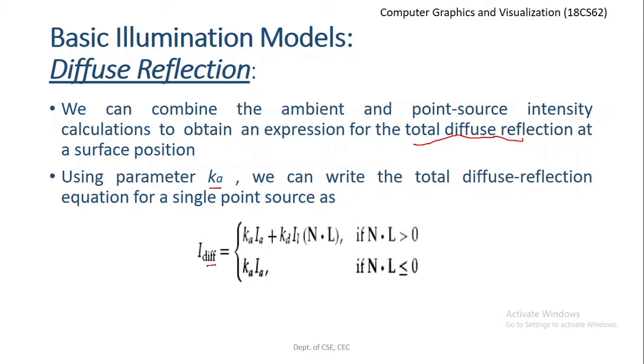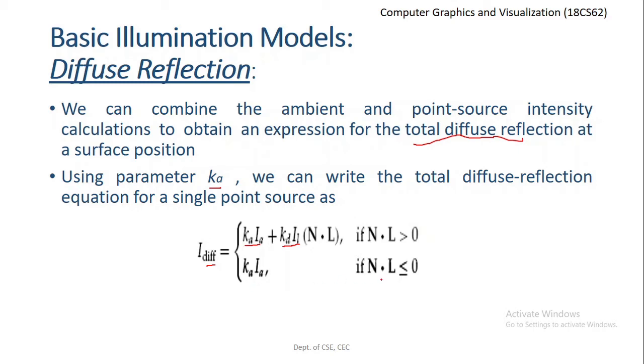The intensity of the diffuse reflection is equal to the sum of, first, the product of the ambient reflection coefficient Ka into the intensity of the ambient light Ia, plus the product of the diffuse reflection coefficient Kd into the intensity of the point source IL into the dot product n dot L. That is, if the value of the dot product is greater than 0.